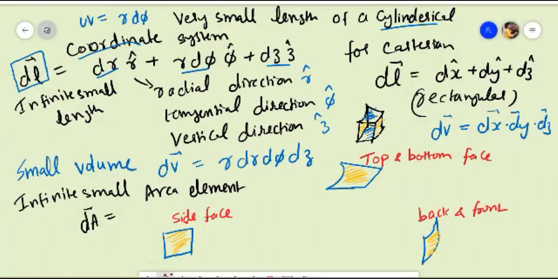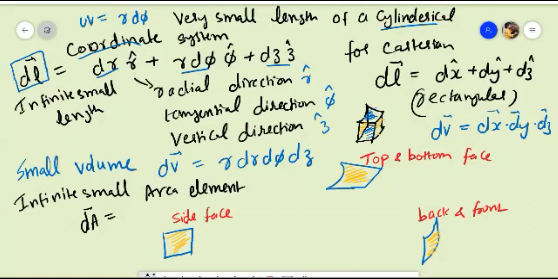So let's try to derive the area for these faces. If we talk about our upper surface, the upper area or the top and the bottom face.